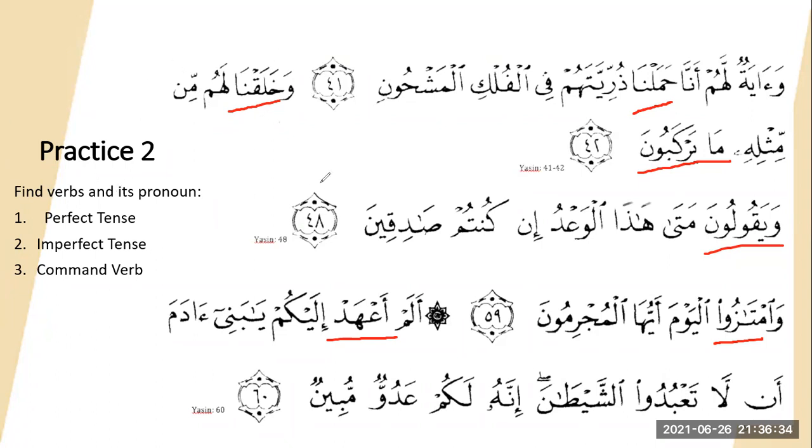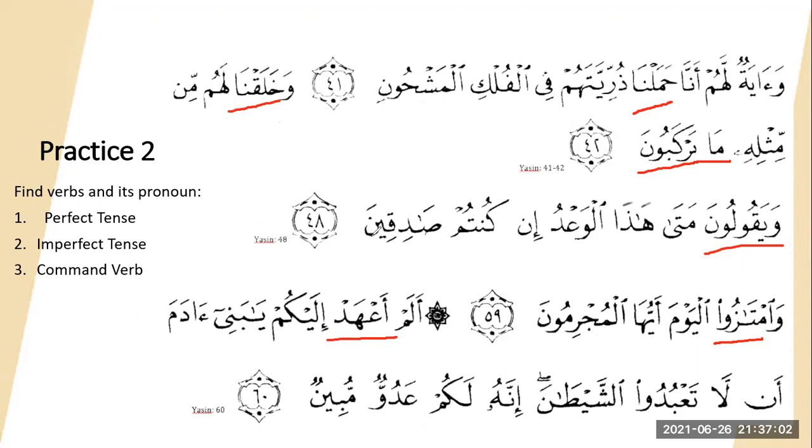It will convert the dhammah to sukun for fi'l mudhari. That one we'll learn later. So just to show this is actually a verb, "ahad" originally is "ahadu", but the harf lam changes the dhammah on the dal to sukun. Okay? Any question?